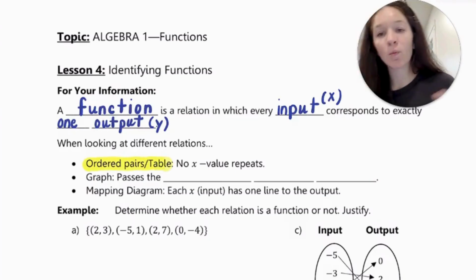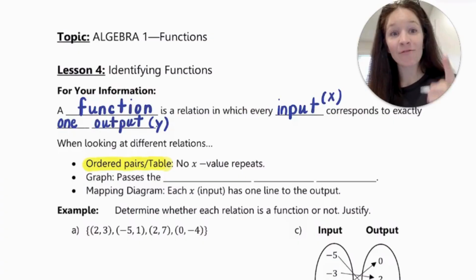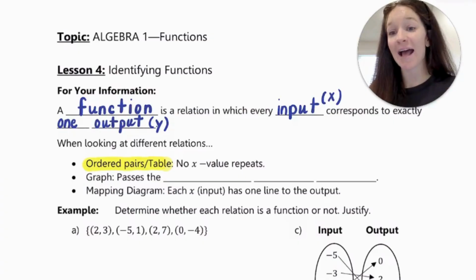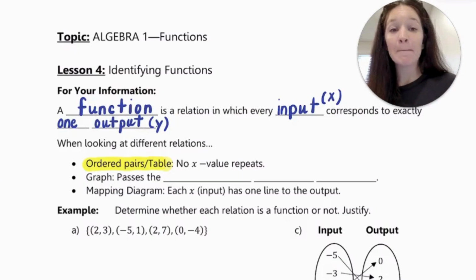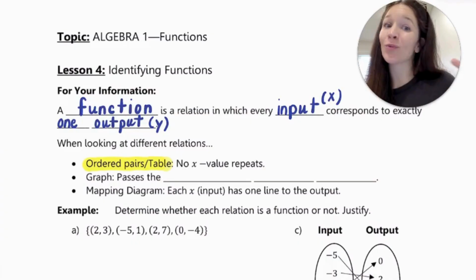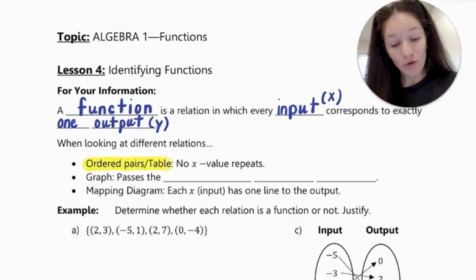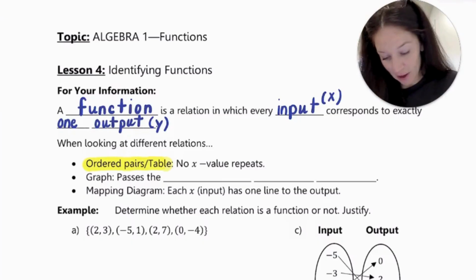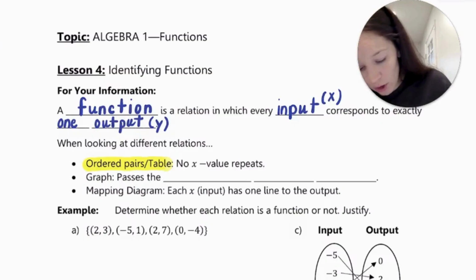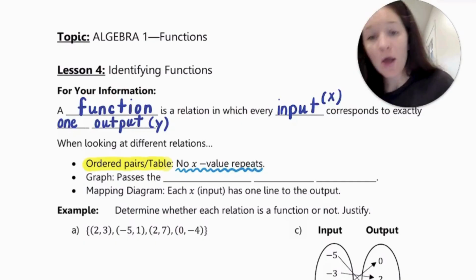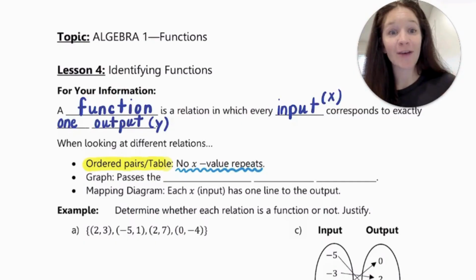Remember, what we're saying a function is that every x corresponds to exactly one y, meaning that no x repeats, essentially. So when we're looking at ordered pairs or a table, we're looking to see that no x value repeats. We want to see each x value one time and one time only.